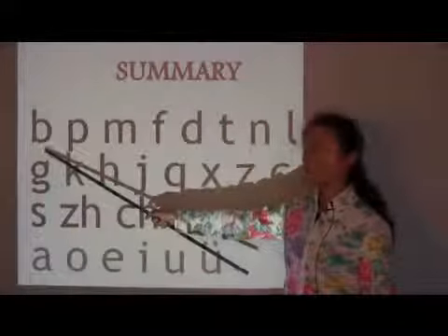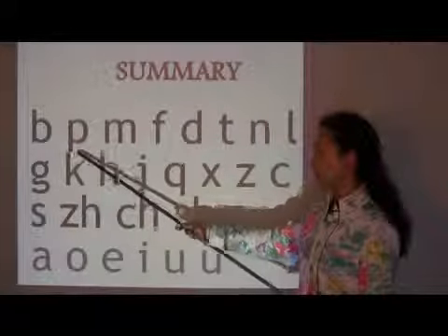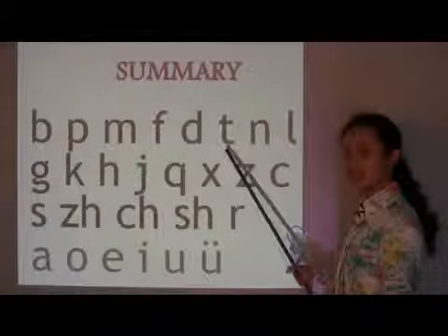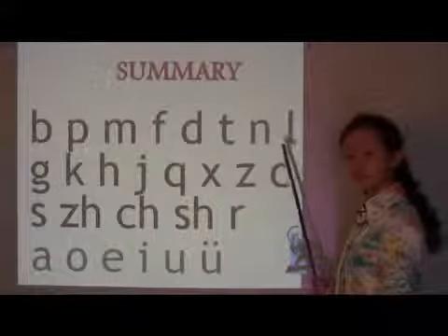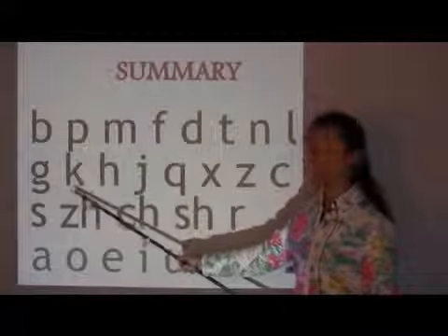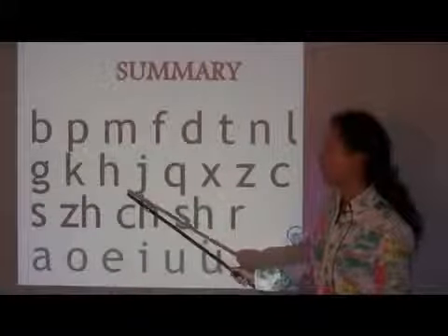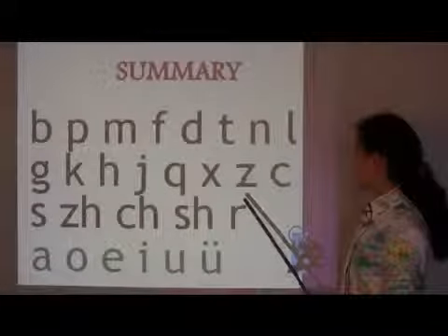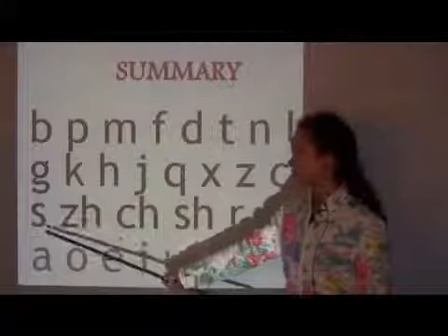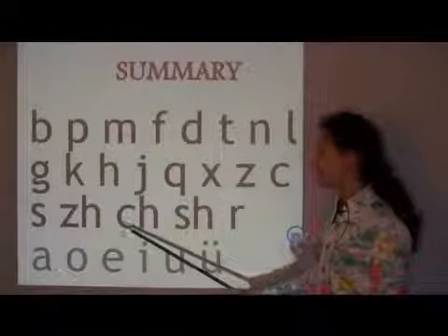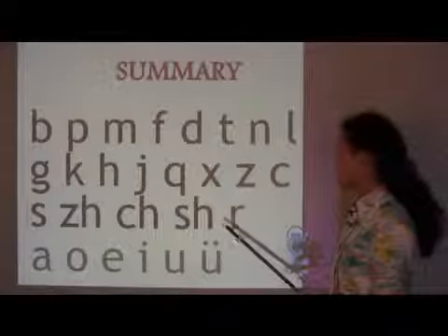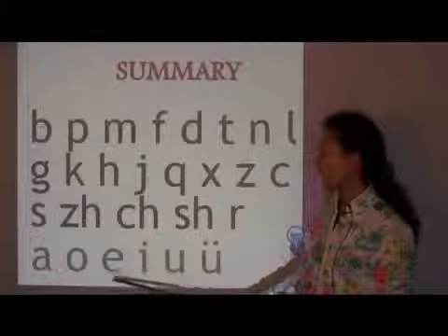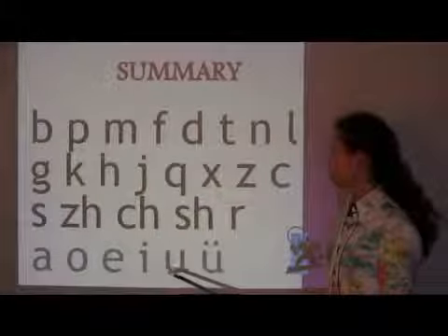So, we're going to have Bo, Po, Mo, Fo, De, Te, Ne, Le, Ge, Ke, He, Ji, Qi, Xi, Zi, Ci, Si, Zhi, Chi, Shi, Er, A, O, E, I, U, Ü.